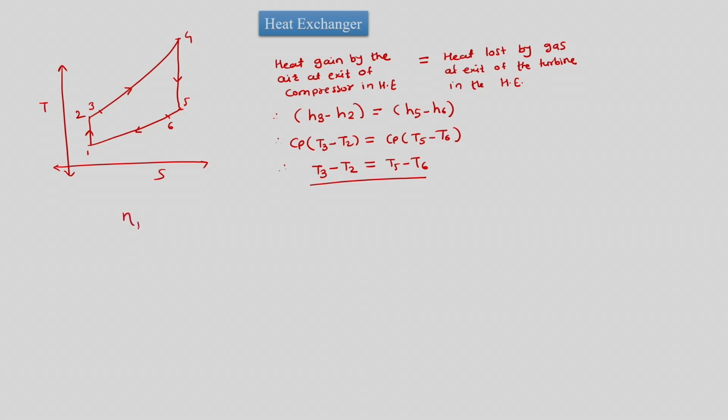If the heat exchanger would not be ideal, then we have to implement the effectiveness of heat exchanger, which is said as eta He, and it is the ratio of actual heat transfer divided by maximum possible heat transfer.